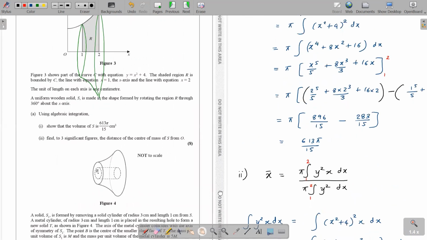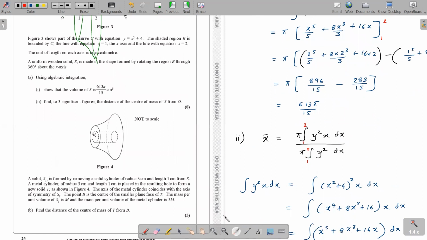So from your S1 figure, you remove this cylinder of radius 3 centimeters and length 1 centimeter from S. A metal cylinder of radius 3 centimeters and length 1 centimeter is placed in the resulting hole to form a new solid. Do you get what they are doing?